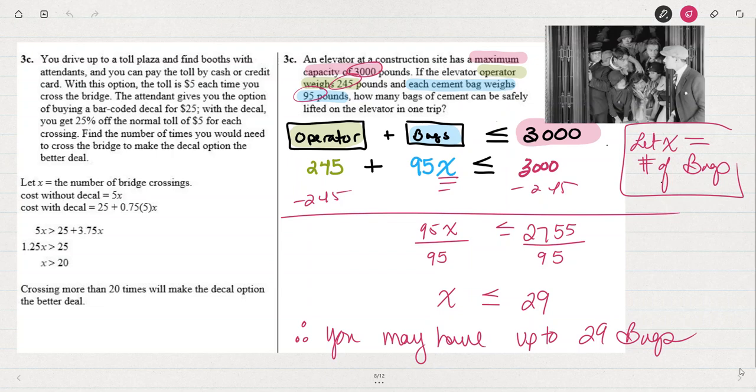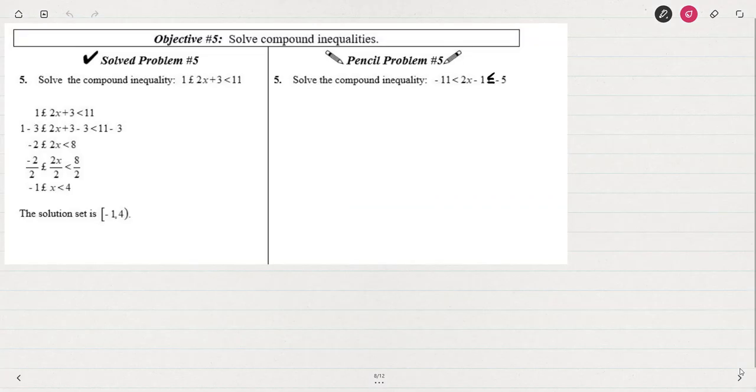All right, let's look at another type of example. A problem where we solve a compound inequality. You know what we're going to do here is we're going to look at the x in the middle and think of what would I do to isolate that x. And whatever I do, I'm just going to do it to all three pieces of the inequality.